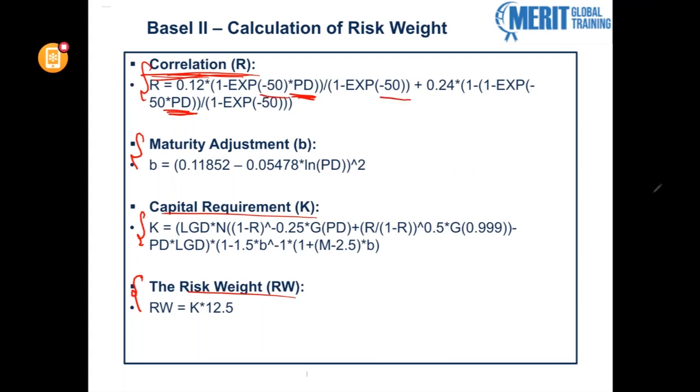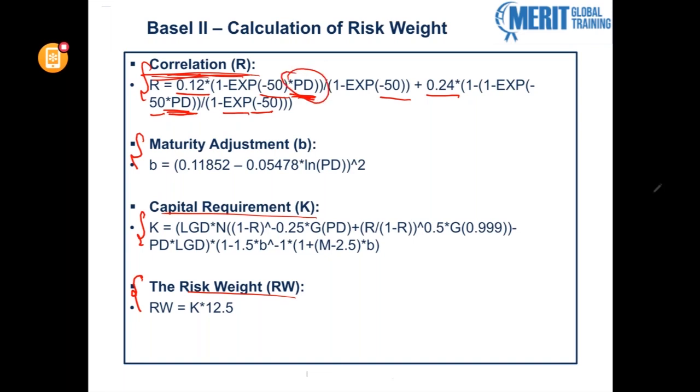Okay, and the idea is to be able to measure how correlated the assets that are within the same bracket are, the correlation between them. Okay, and we have 1 minus exponential minus 50. All these are mathematical formulas or attributes.